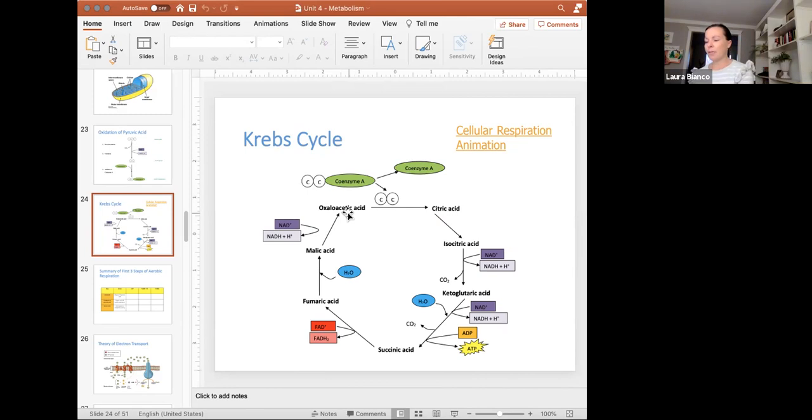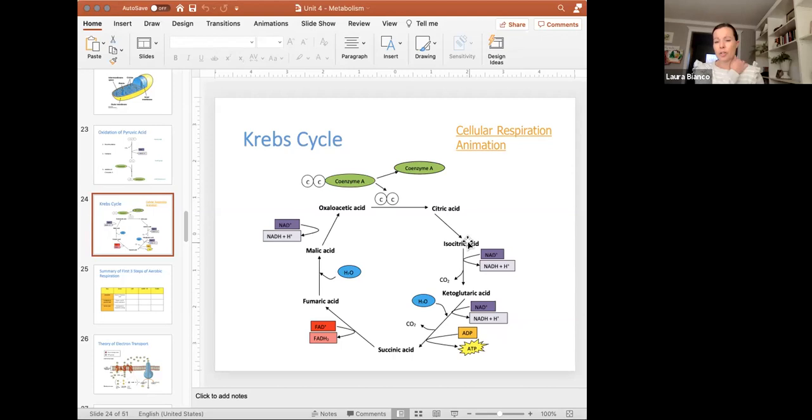Okay, a couple of significant things regarding energy happen in the Krebs cycle. It does produce ATP. So every time you go through the Krebs cycle, there's 1 molecule of ATP that gets produced. Also during the Krebs cycle, you are reducing several coenzymes.